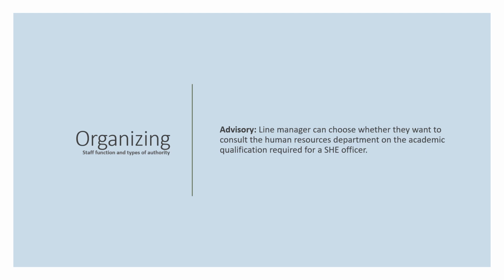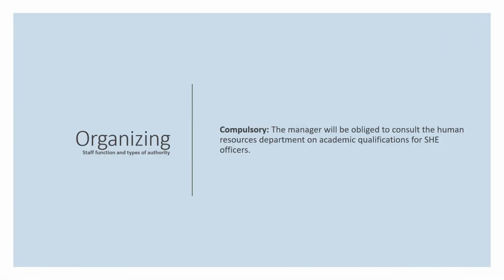Advisory. This could be a line manager who can choose whether they want to consult the human resource department on the academic qualifications required for a health and safety officer. Compulsory is the manager will be obligated to consult the human resource department on academic qualifications for safety officers.